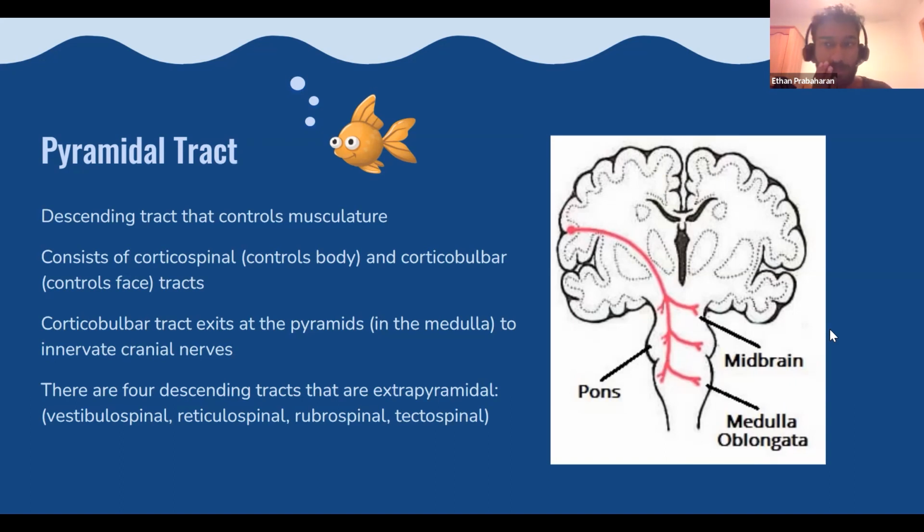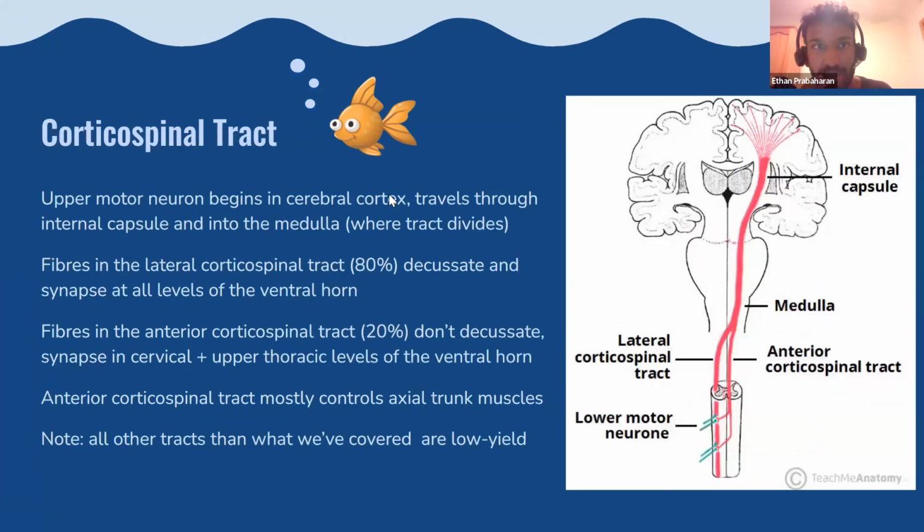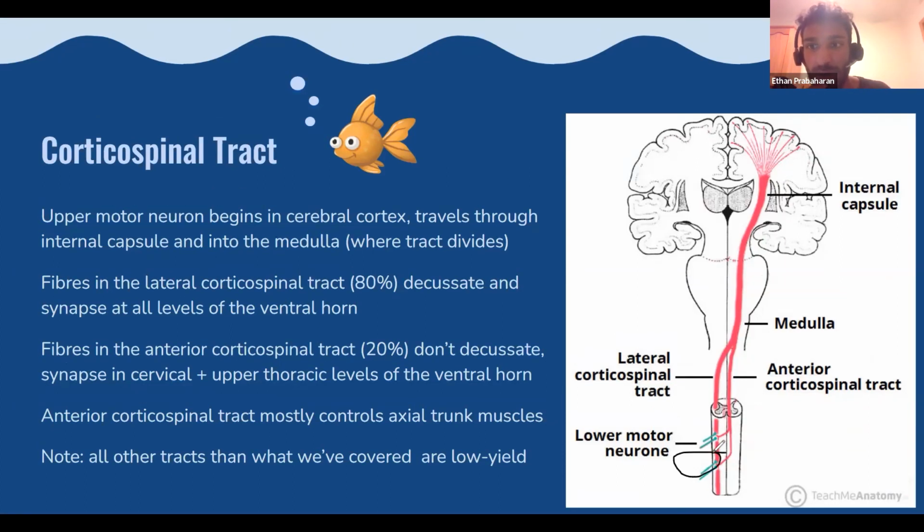What's more important is this corticospinal tract. And just remember, now we are descending. So we're starting up here and we're leaving down here with upper motor neurons and lower motor neurons. Our upper motor neuron will begin in the cerebral cortex, which pretty much controls your movement. Then you don't really need to know about internal capsule and medulla.